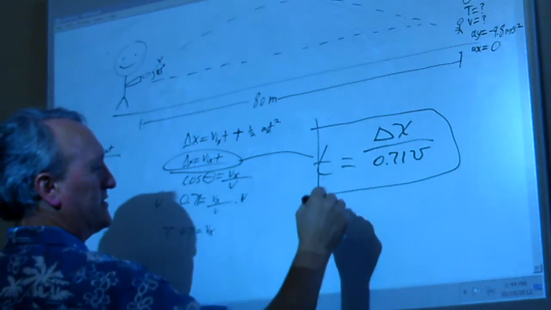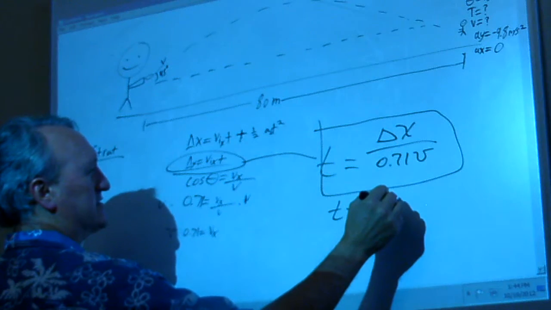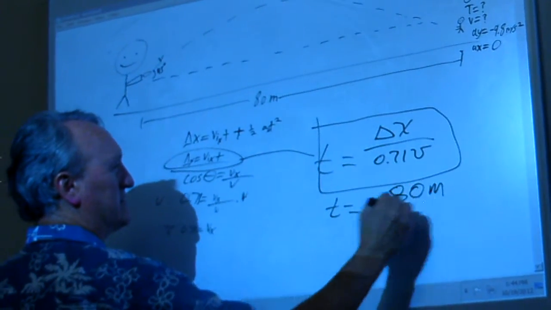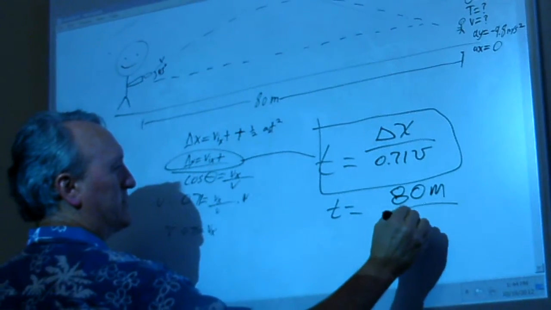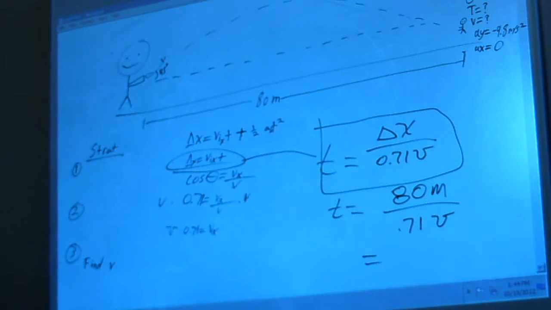And delta x, we know, is 80 meters, divided by 0.71 V. So t is what? What's 80 divided by 0.71?